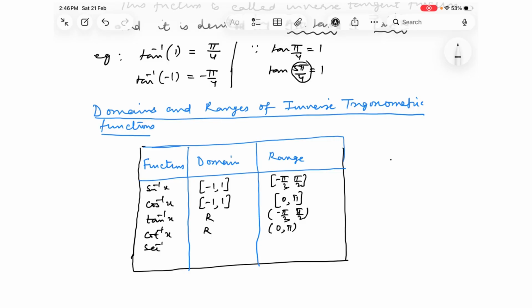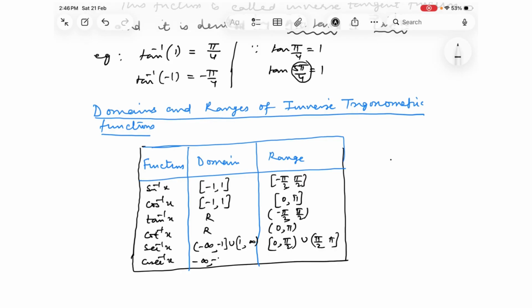Secant inverse x. Domain, minus infinity to minus 1, union 1 to infinity. Range, 0 to pi by 2, union pi by 2 to pi. And last function is cosecant inverse x.